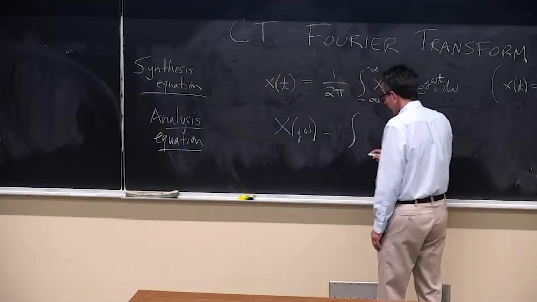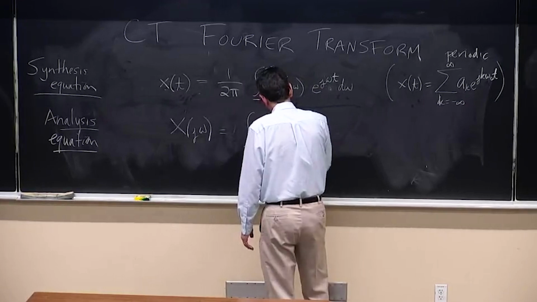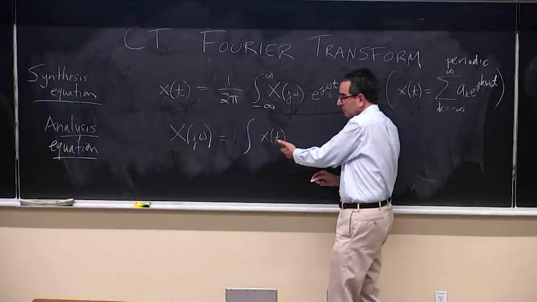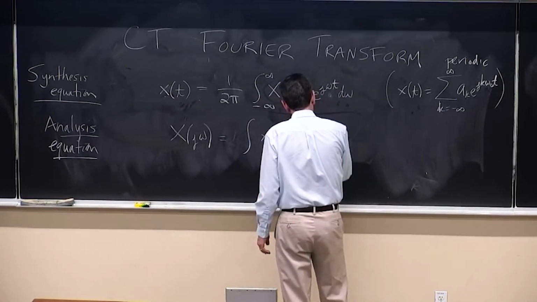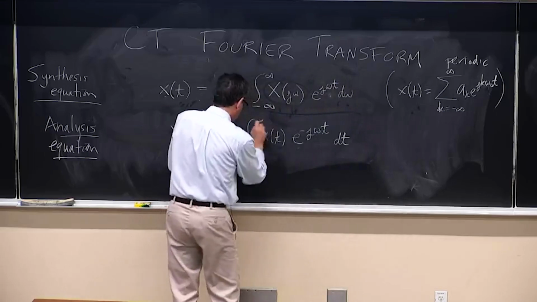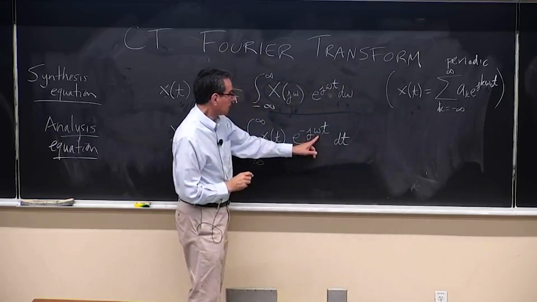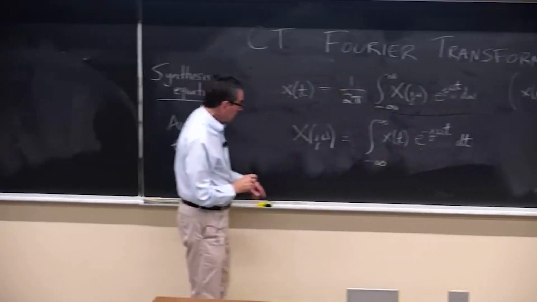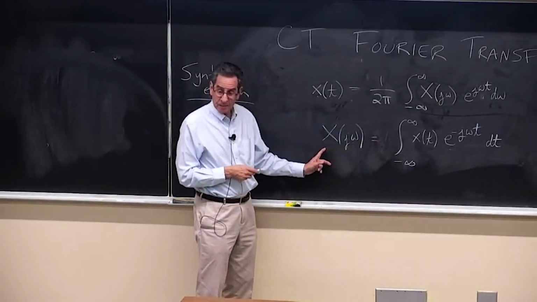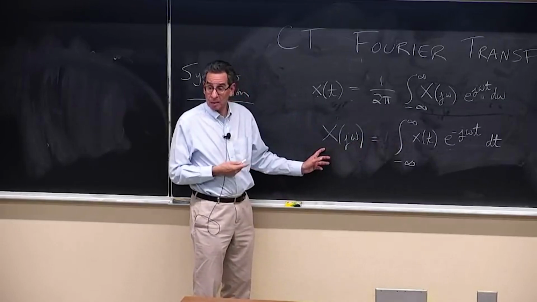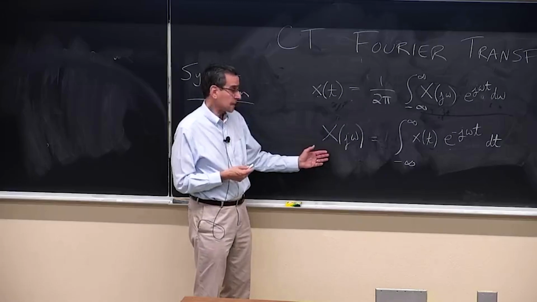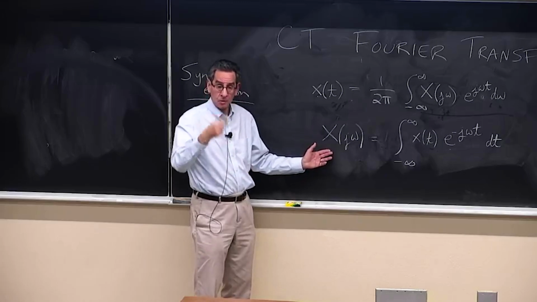Remember there, we took the impulse response, h of t, which now becomes this general signal x of t, and we multiplied by e to the minus j omega t and integrated with respect to time to give us a function of omega. If I plugged in h of t and H of j omega, that would be exactly what we decided was the frequency response of our system.